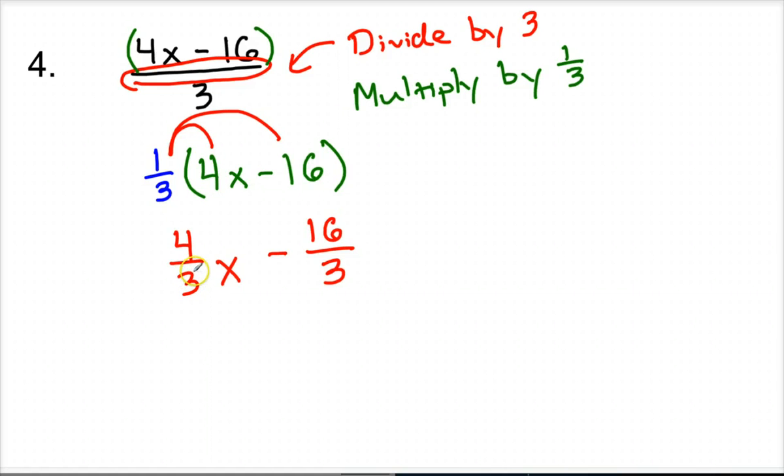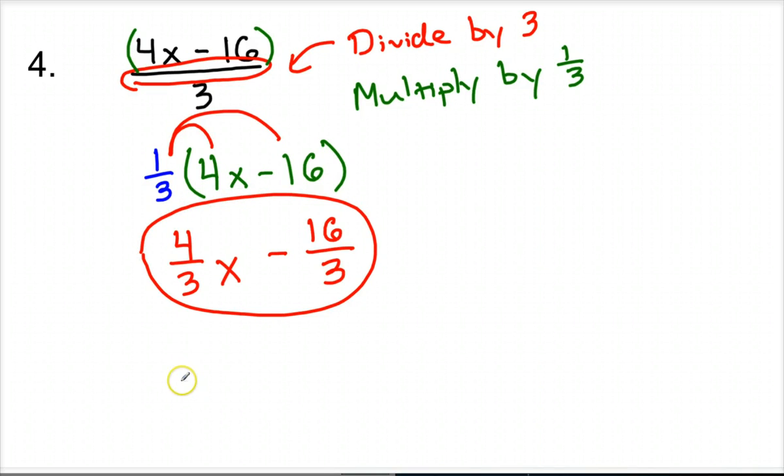I do not need you to do that in 7th grade. You can leave your fractions improper, that's perfectly fine, just make sure they're reduced. So 4/3 is reduced because nothing goes into 4 and 3 besides 1, and so is 16/3. Nothing goes into those two besides 1. So we're going to say that our final answer is 4/3 x minus 16/3.